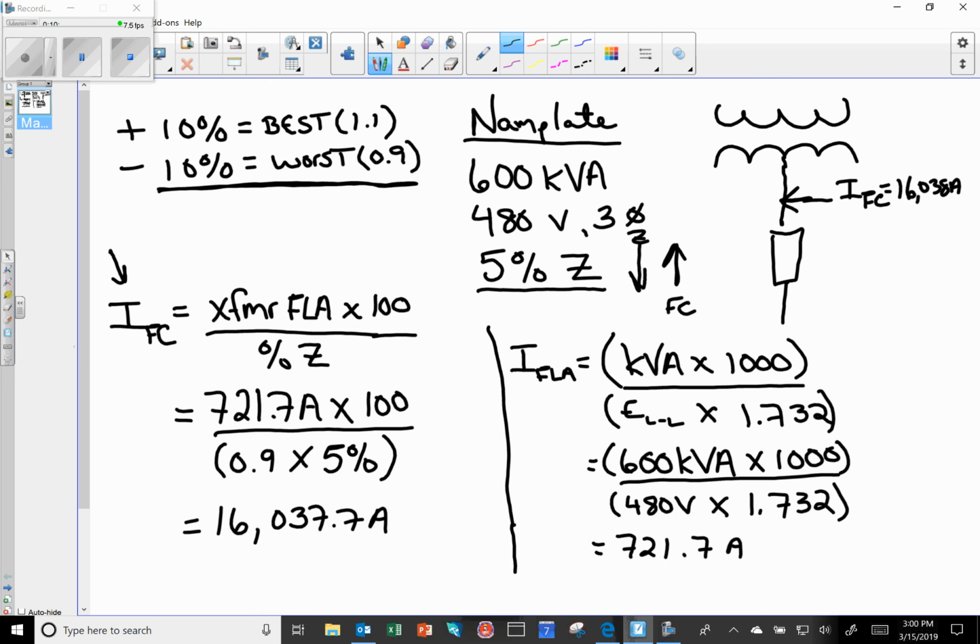So, looking at the same equation or problem, if we were to change this 5% impedance to, let's say, 3 without changing anything else. So this one we got to remember is at 5%. And our new fault current, we just simply punch that into our calculator.